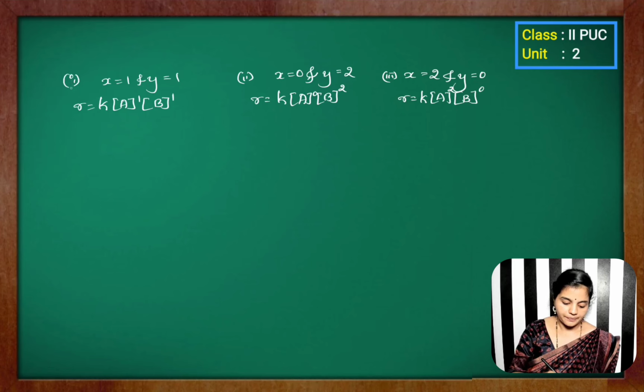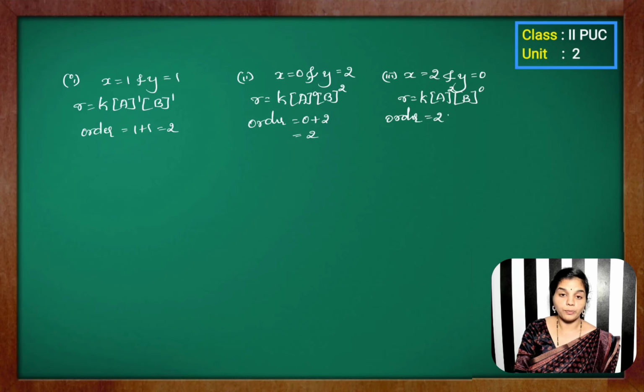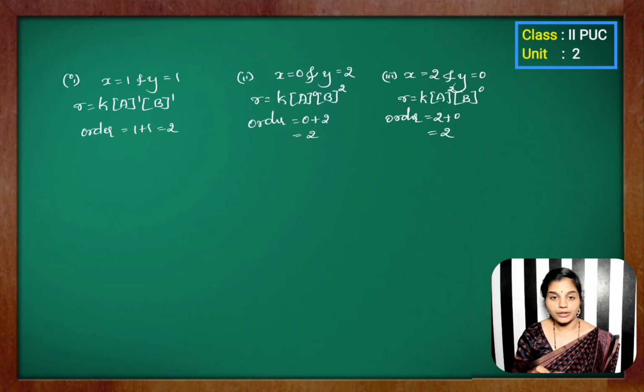So in the first case, if we check the order for this case, it is 1 plus 1, which is equal to 2. Case 2, order is 0 plus 2, which is equal to 2. Third case, order is 2 plus 0, that's equal to 2. So you see that order now is 2.